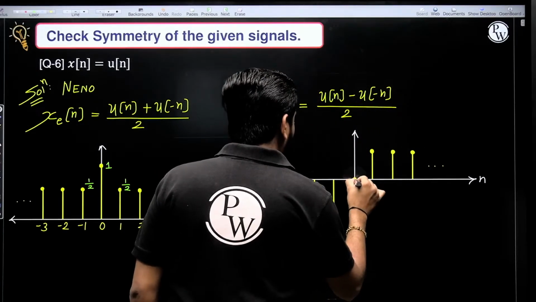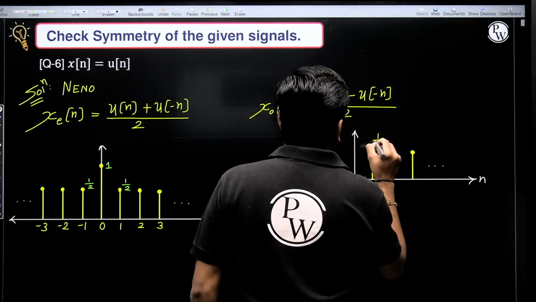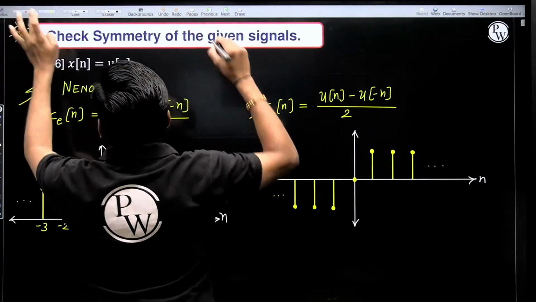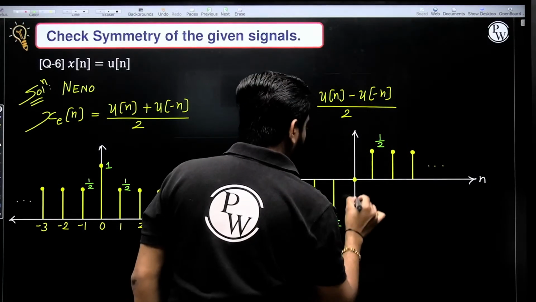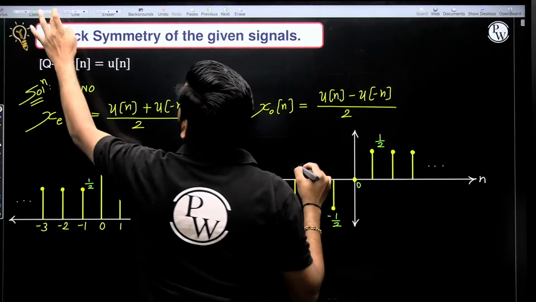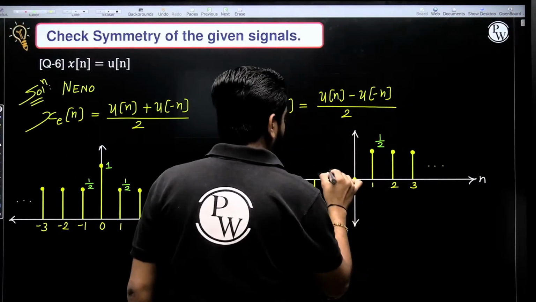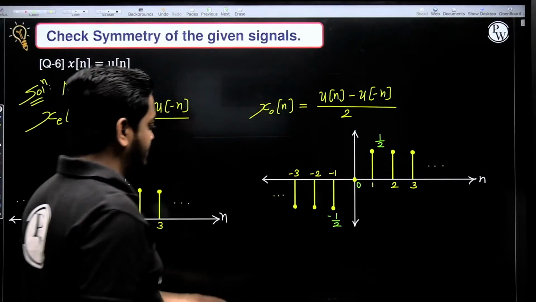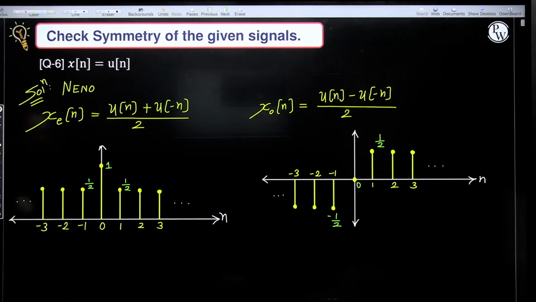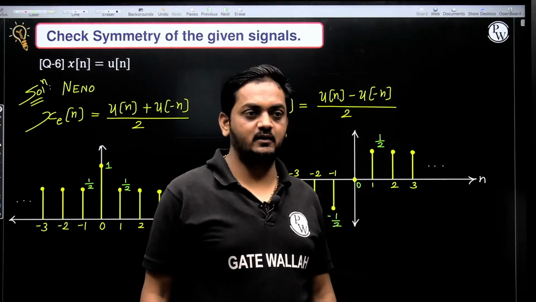Minus 3. This is the odd part, and this is the even part of u of n. Is this clear to each and everyone? Fine. Yes.